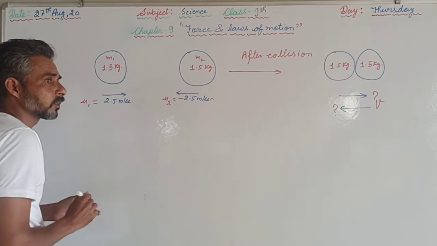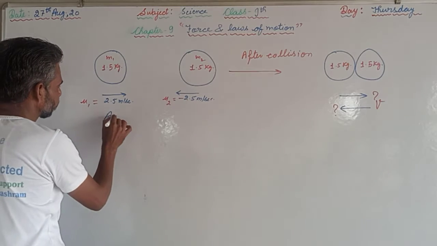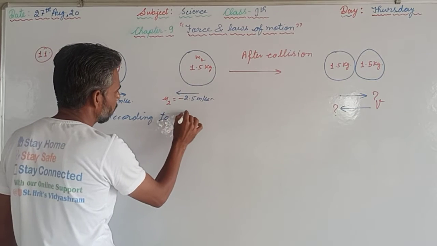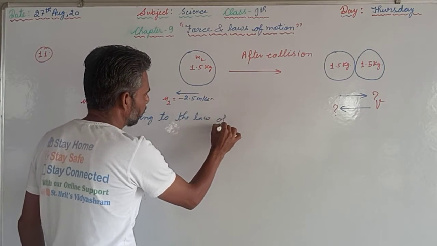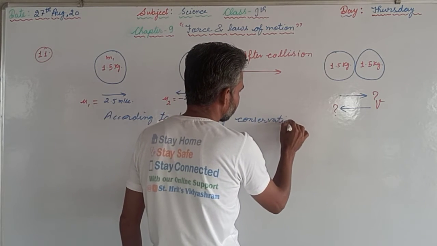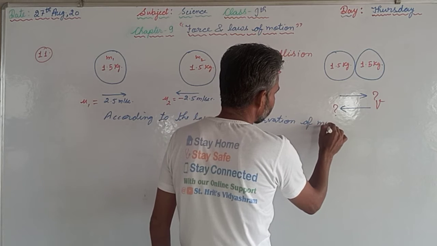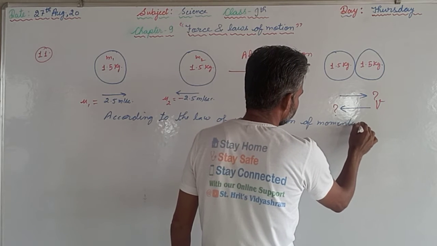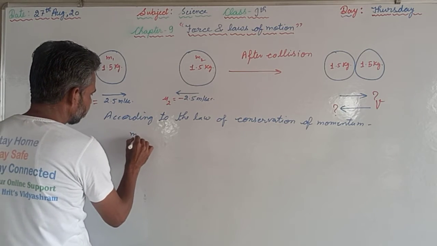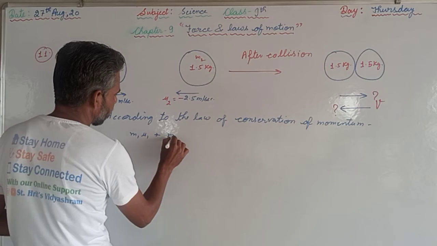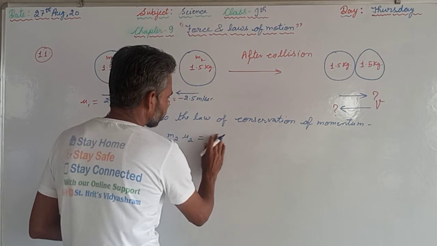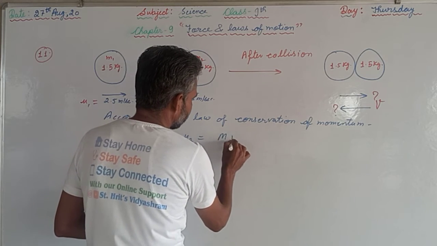So according to the law of conservation of momentum, m1 u1 plus m2 u2 is equal to m v.